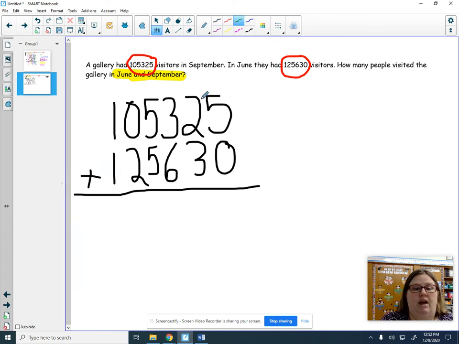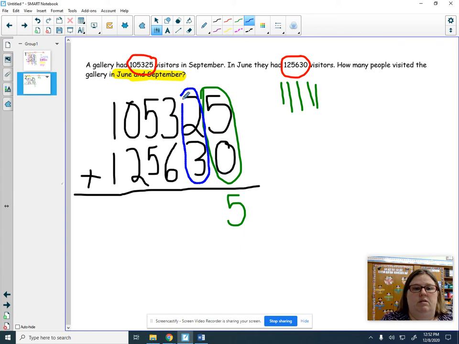Now, let's add these up. So we're going to start with our ones. So I have 5 on top. 1, 2, 3, 4, 5. 0 on the bottom. That means I have 5. All right, let's do our next one. So I have 2 on the top. 1, 2. I have 3 on the bottom. 1, 2, 3.